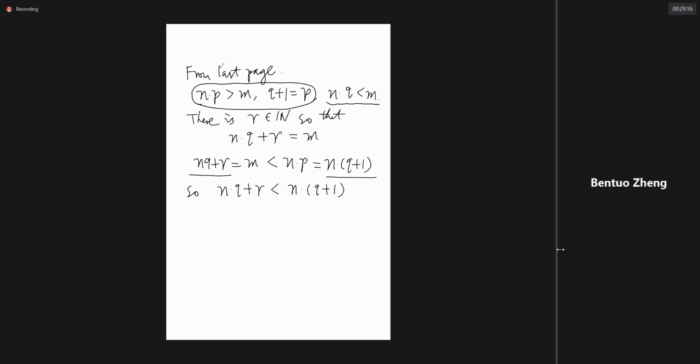Now you just multiply out the numbers, using the distributive property for natural numbers. Hence, N times Q plus R is less than N times Q plus N times 1. So you see the N times Q gets canceled out. Therefore, we get R is less than N times 1, which is N.